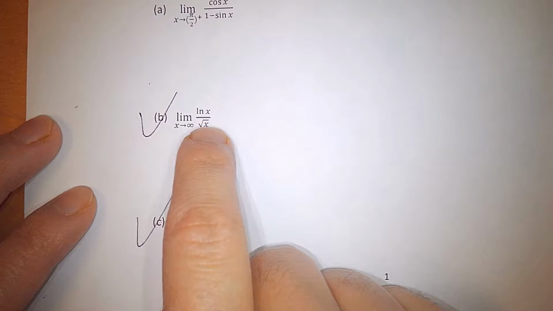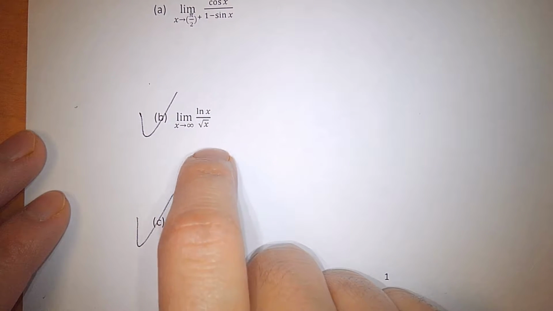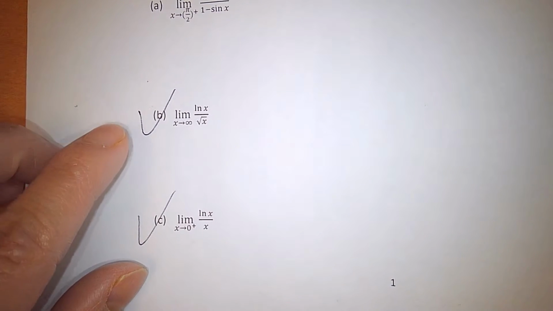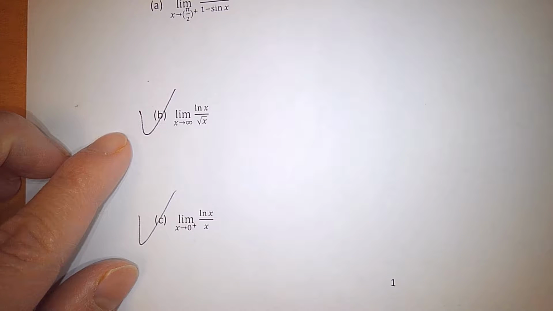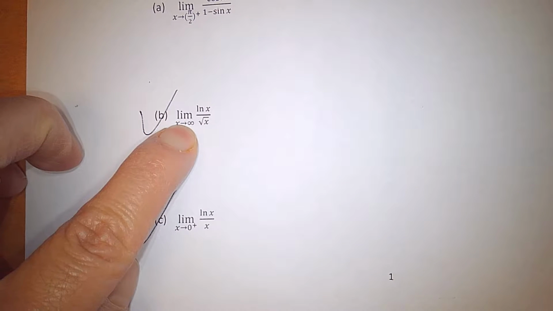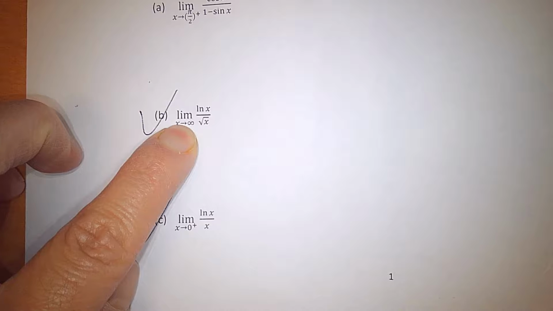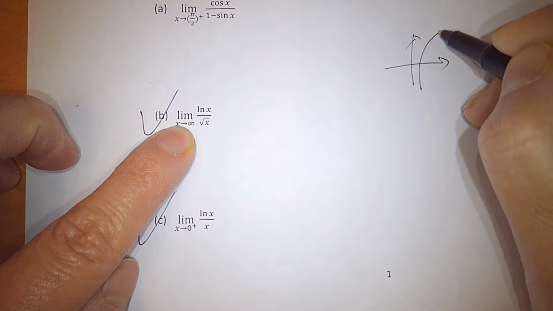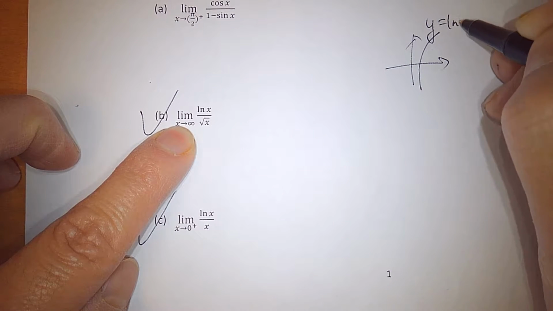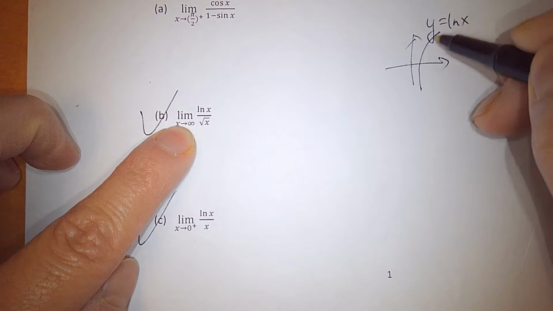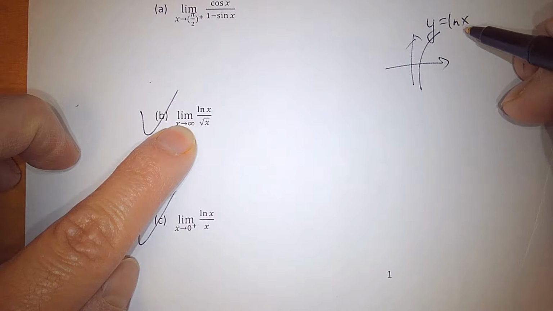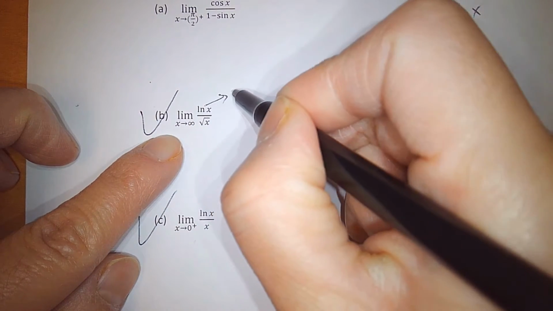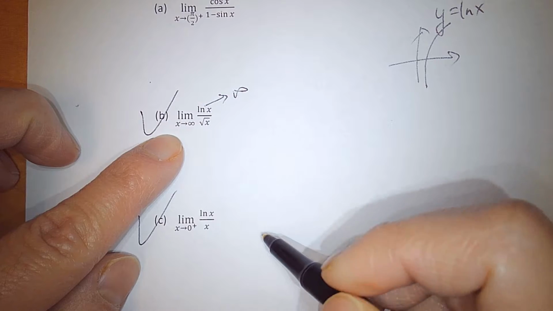Find the limit of ln x over square root of x. Let's check f and g. When x goes to infinity, how about ln of x? What is the graph for ln of x? The natural logarithm function. When x goes to infinity, ln x goes to infinity, right?